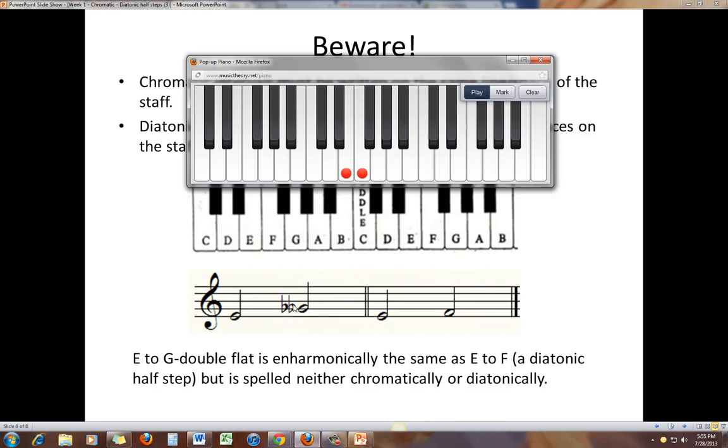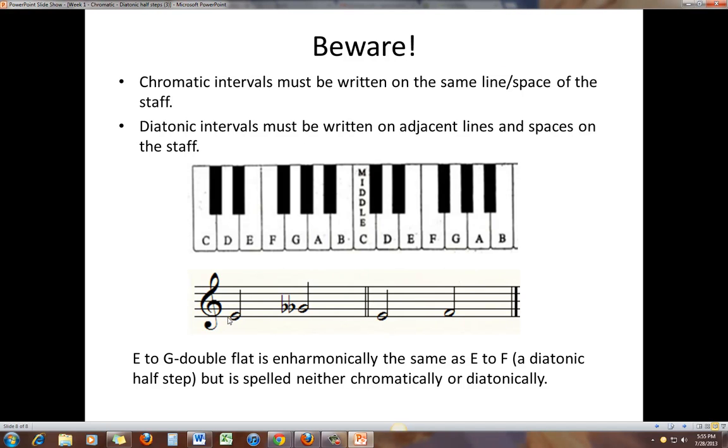So that is not diatonic or chromatic, that is something else entirely. E to F is a half step, and it is written as a diatonic half step. So be careful of that. Don't write diatonic or chromatic half steps if they're going from a line to a line or a space to a space, because then you're describing some kind of a third.